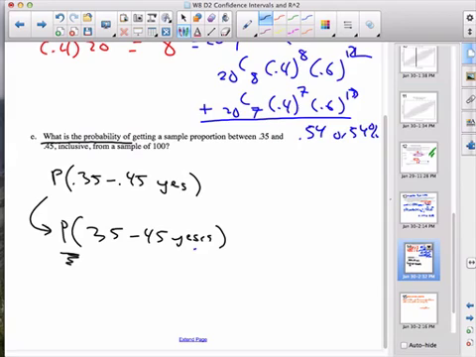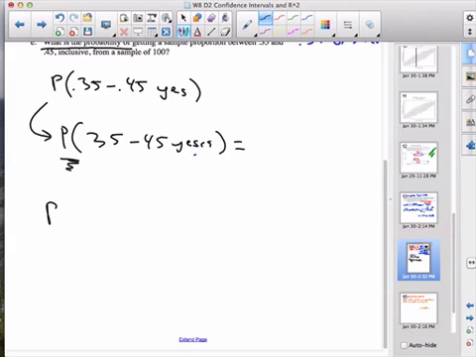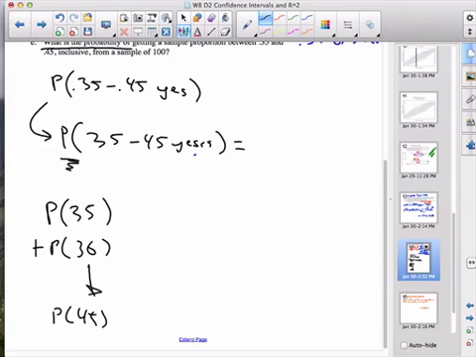Okay? So let's just say I wanted to do one of these. I think we follow the same strategy that Justine had before. You would add the probability of 35 plus the probability of 36 all the way down until the probability of 45, which is gross. It would take a long time.